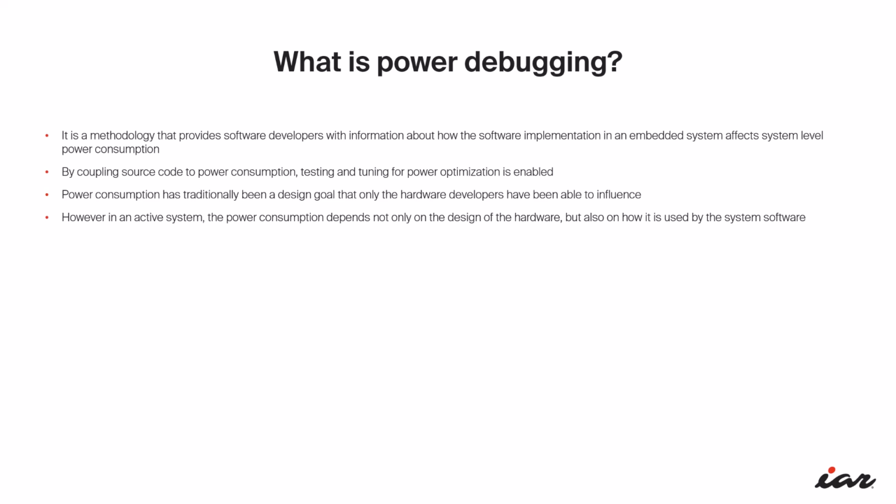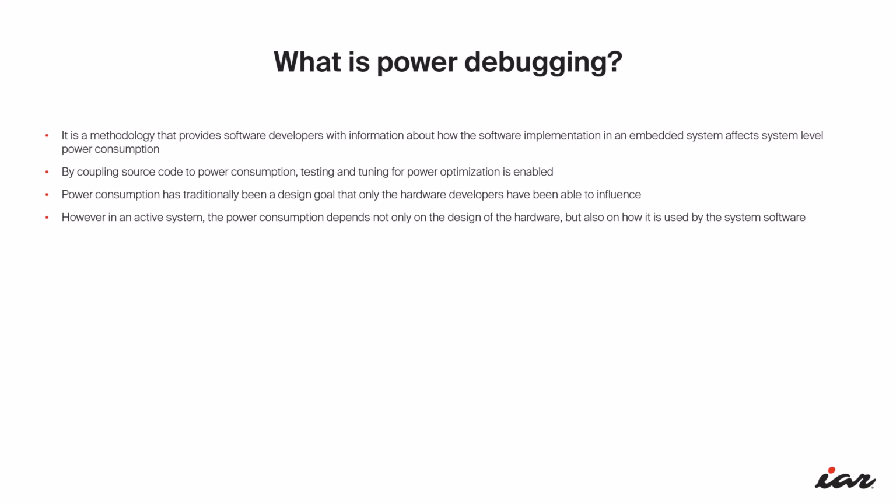By coupling source code to power consumption, testing, and tuning, you enable power optimizations. As mentioned before, battery lifetime is a very important factor for many embedded systems in almost any segment, but nowadays this is also very relevant for home automation and more.